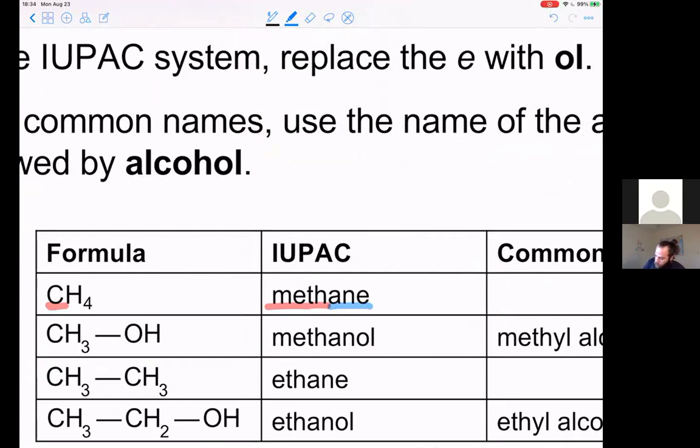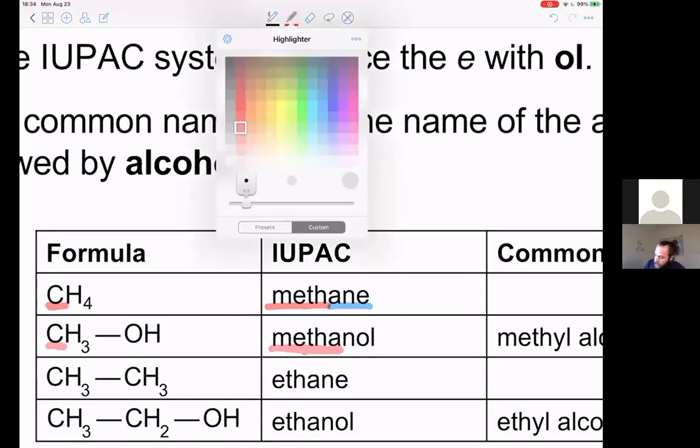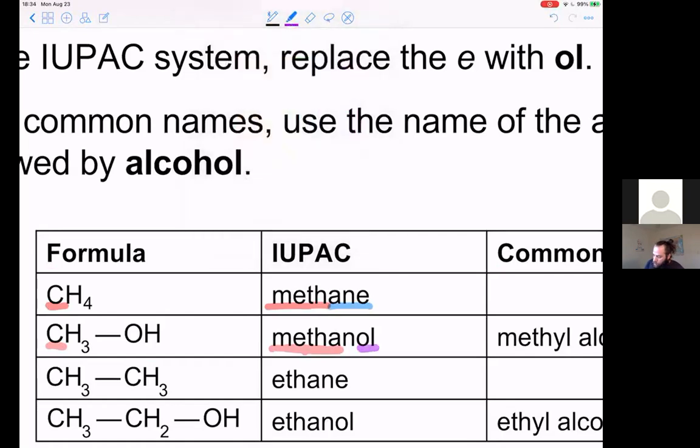If we have a one carbon alcohol, notice that we're going to keep that prefix meth, but now we're going to add a new ending onto it. The ol ending corresponds to an alcohol. Notice that the e gets dropped from methane, so it's not methaneol, it's methanol.